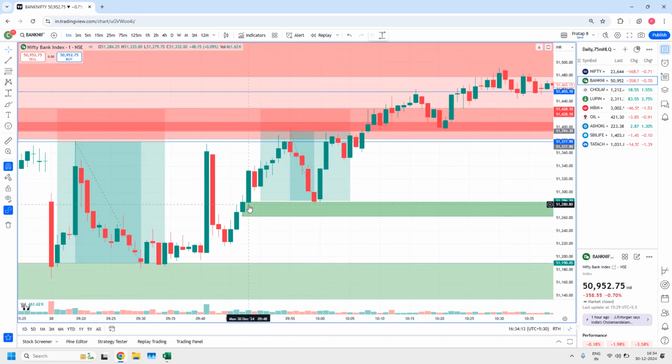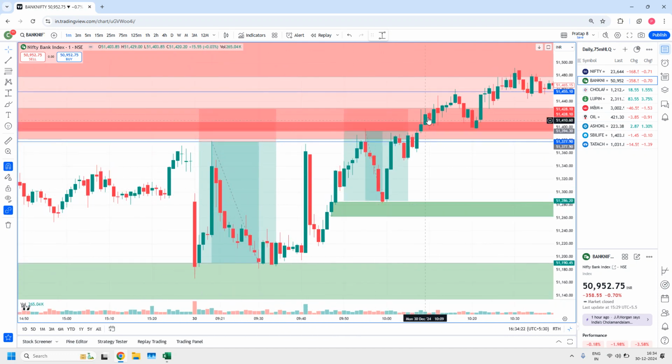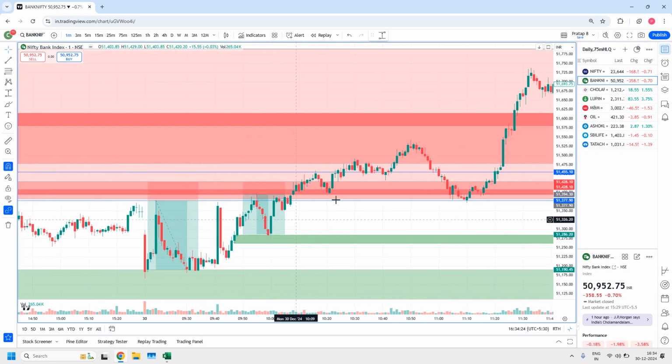Many times these kinds of 1 minute rally base rallies will be easily violated. Maybe institutions might have kept a very strong order flow today, because that's why demand is so strong today. How sharply it moved up.